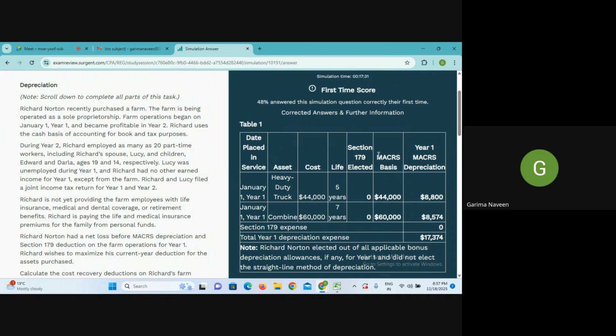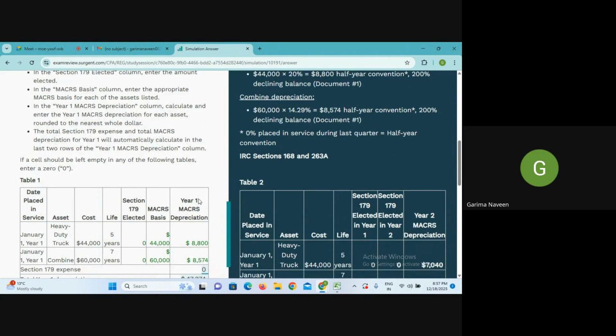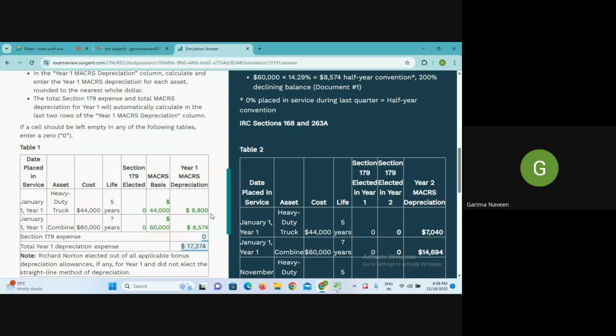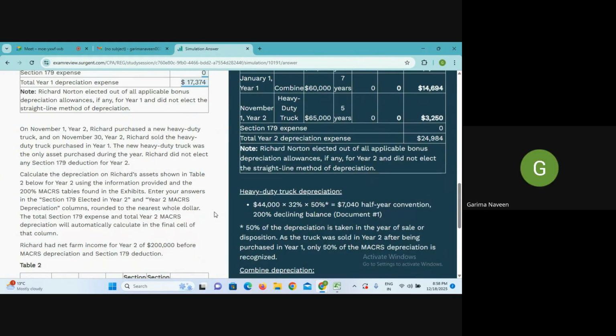Okay. So for makers basis, you have the whole basis because there is no deduction taken for 179. Then you will calculate based on the rates makers depreciation. Okay. So first one is clear. Yes. Okay. So second one.